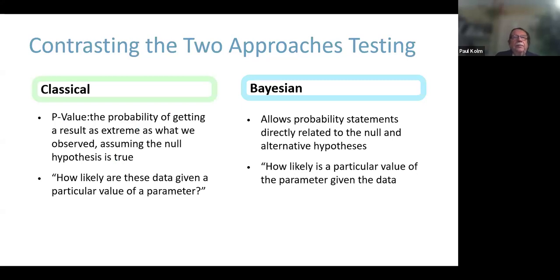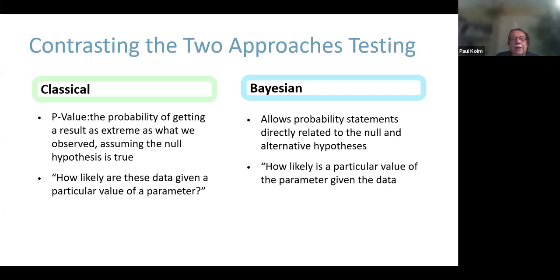So in contrasting the two approaches, from the classical standpoint, a p-value is the probability of getting a result as extreme as what we observed, assuming that the null hypothesis is true, that is, the hypothesis that there is no difference in the population. The Bayesian approach, however, uses probability statements that are directly related to the null and alternative hypotheses.